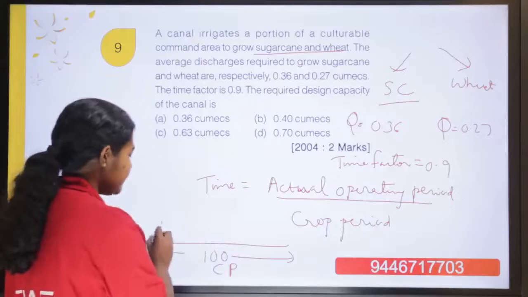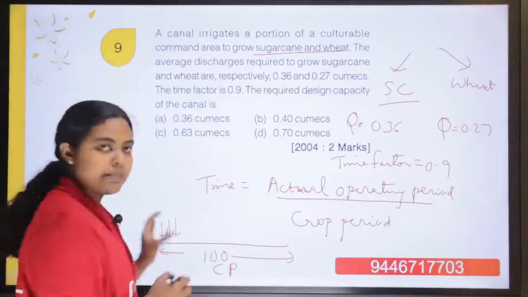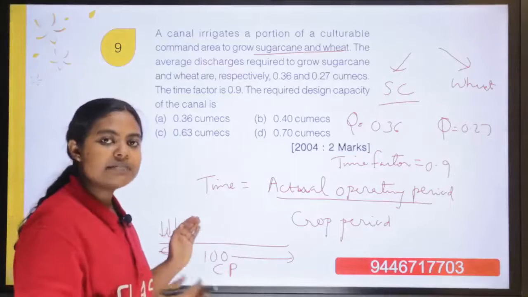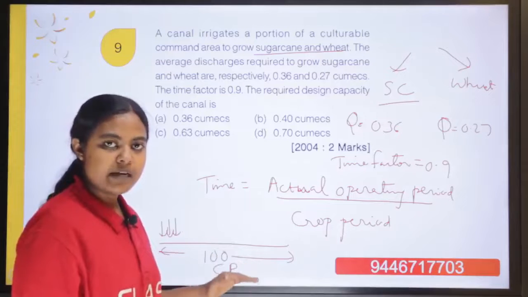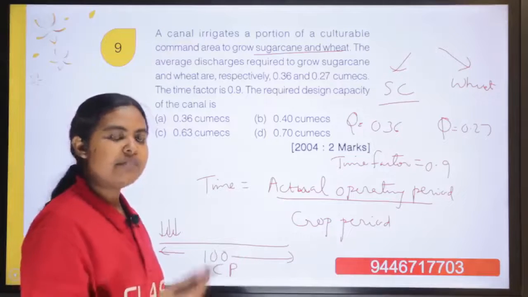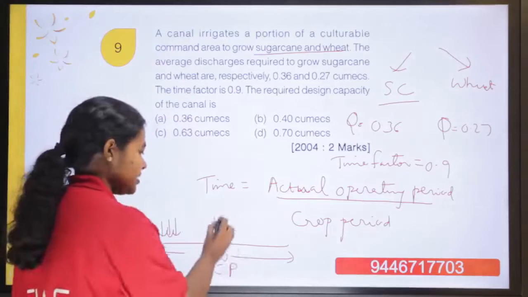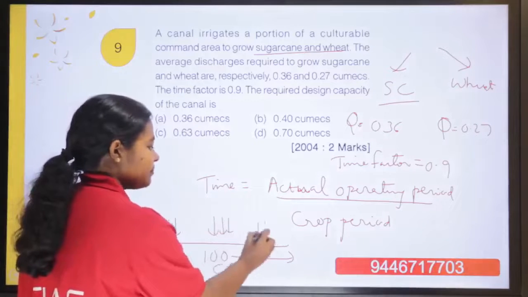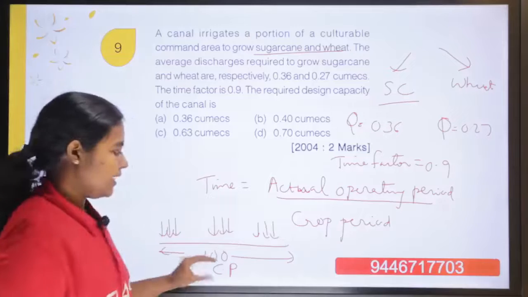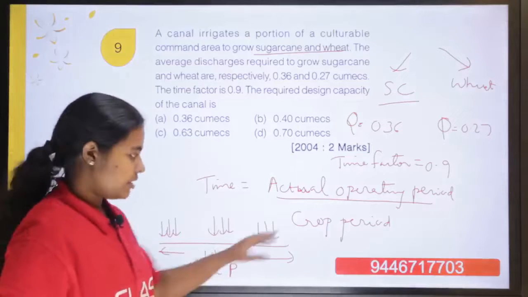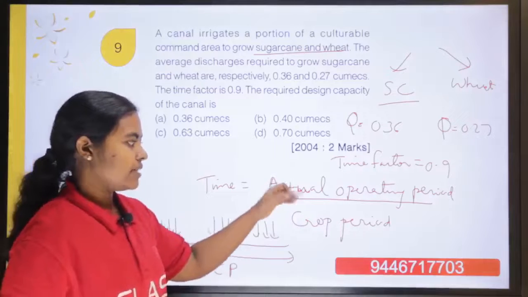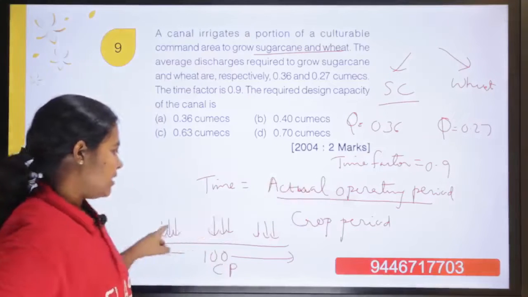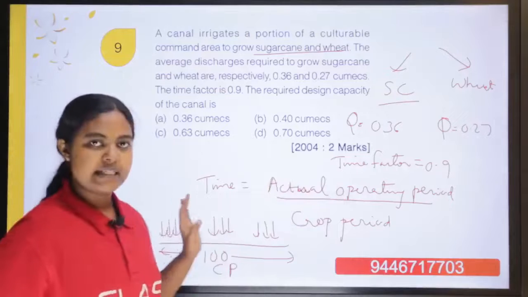Let us say for the first 3 days I supplied irrigation water, then afterwards the moisture content in the soil will reduce and it will reach the optimum moisture content. Again we have to supply irrigation after some days. So let us say that out of the 100 days of the crop period, the actual operating period is 9 days.